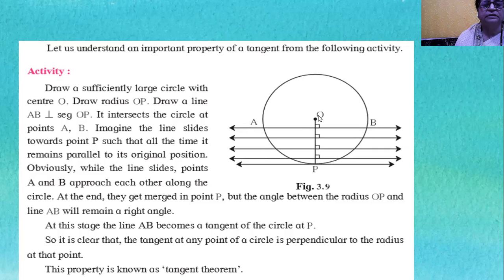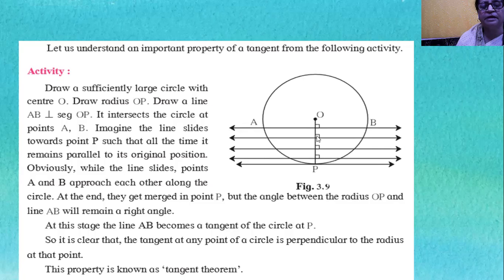O is the center and OP is a radius of this circle. Then draw the tangent. Draw a line AB perpendicular to the radius OP. Now how will it work? Here it is perpendicular, here it is 90 degrees.